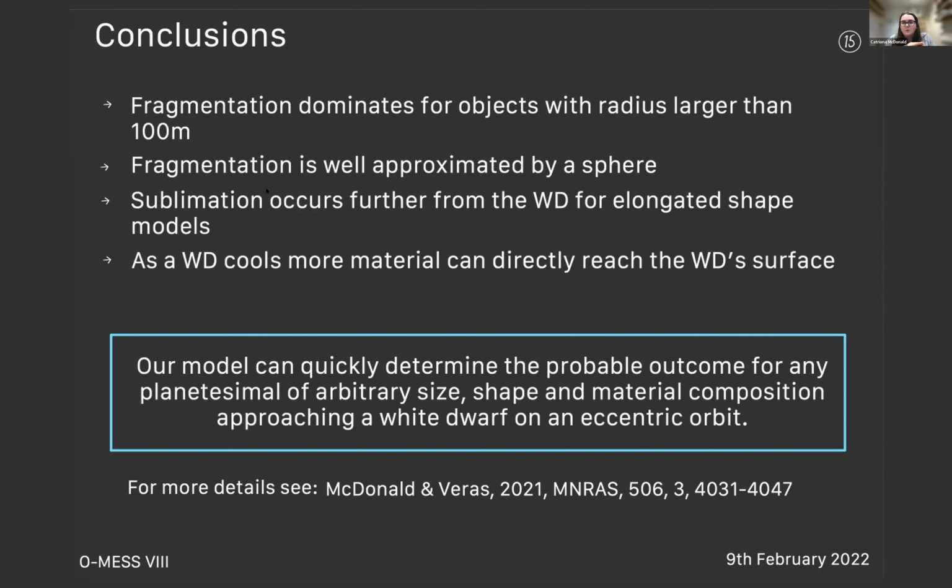So the only part of this that would massively change is that the body would not impact directly onto the white dwarf if its pericenter was a little bit larger. But the effect of the rest of the model doesn't change drastically if you're looking at slightly less eccentric orbits. It wouldn't be applicable to more circular orbits, but for large eccentricities, so sort of 0.9 and above, it wouldn't change too drastically.